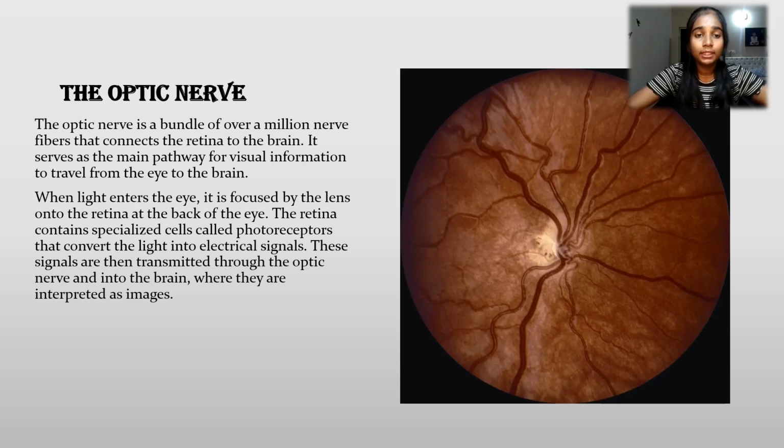When light enters the eye, it is focused by the lens onto the retina at the back of the eye. The retina contains specialized cells called photoreceptors that convert the light into electrical signals. These signals are then transmitted through the optic nerve into the brain, where they are interpreted as an image.